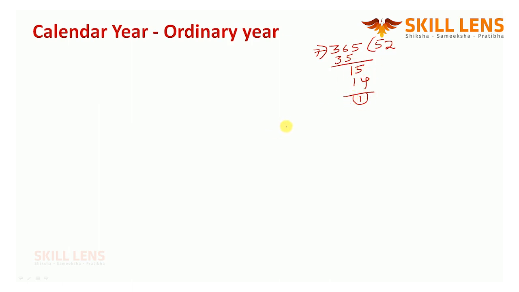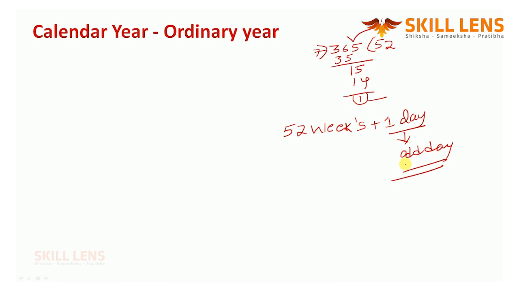So the point here is this: in a normal year, which is an ordinary year, there are 52 weeks plus 1 day. This extra day is called an odd day.